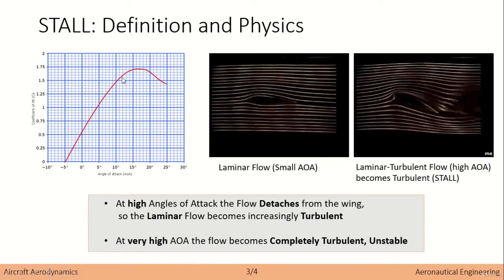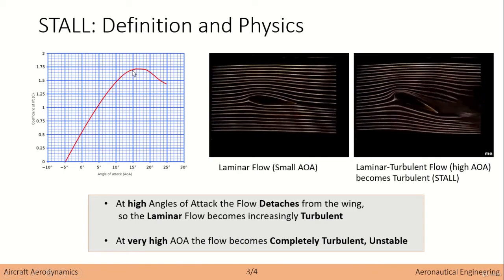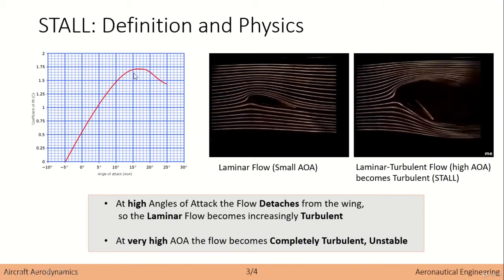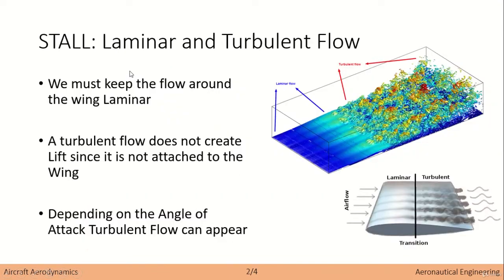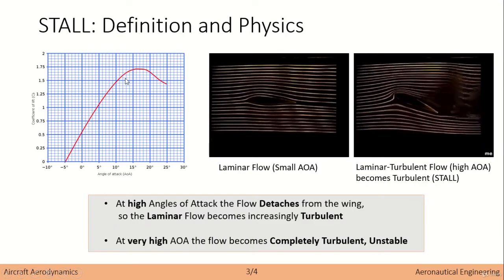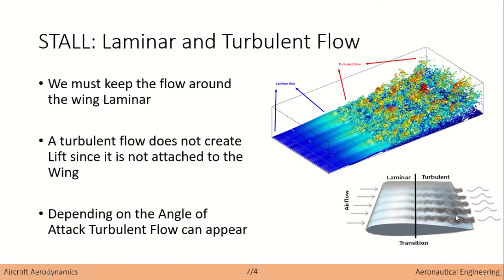However, there's a point where the turbulent flow actually expands in some way, or the detachment line, the transition point, is actually closer to the front edge. So basically, another way of seeing this is that for all of this part over here, we have completely laminar flow.